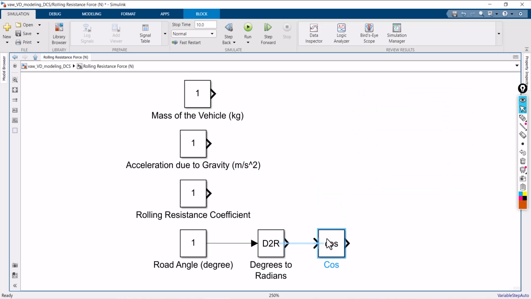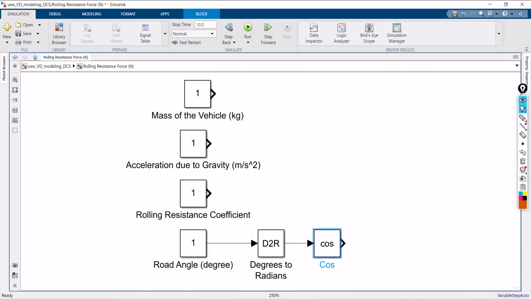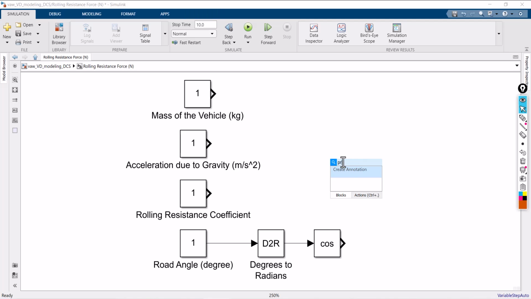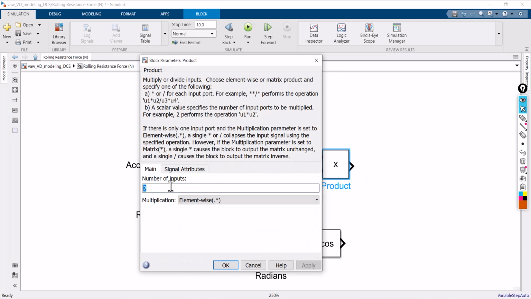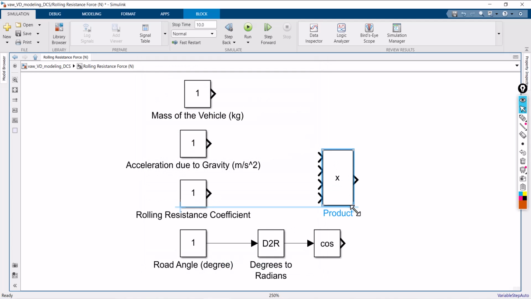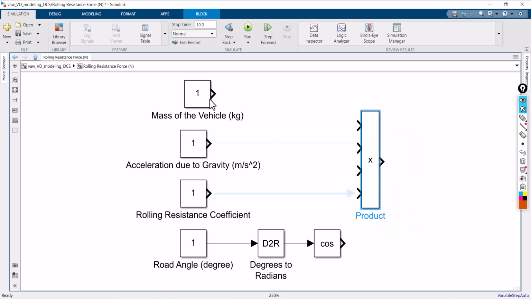I need the trigonometric function cos. Then according to the equation, you can multiply all these values. I need a product block. The input of the product is only 2 here. You can increase the number of inputs to 4 according to your requirement. The values I will let you know later, at the end of the simulation.